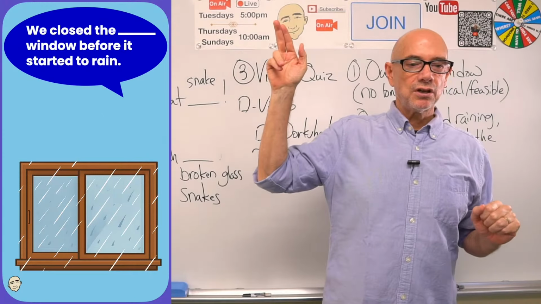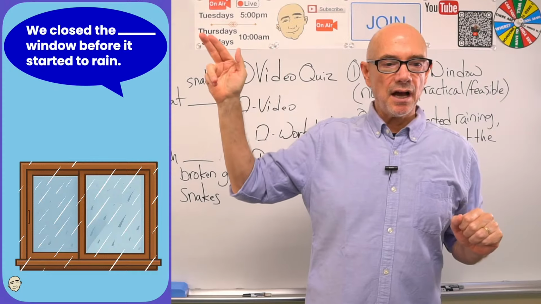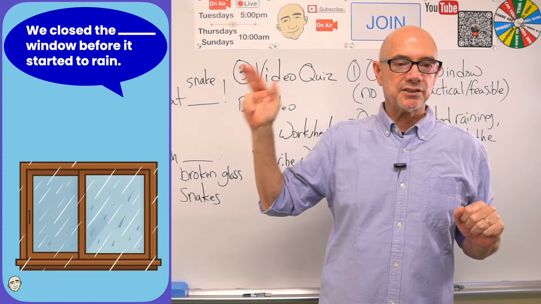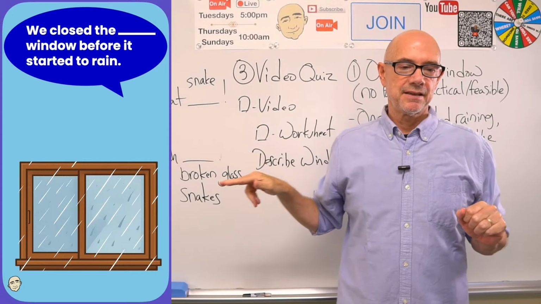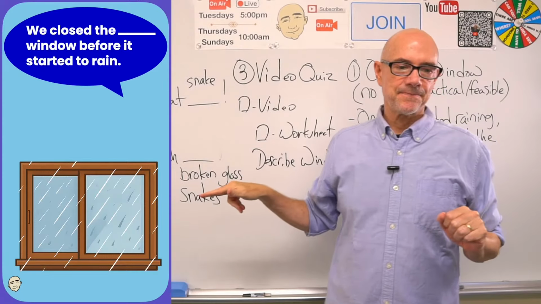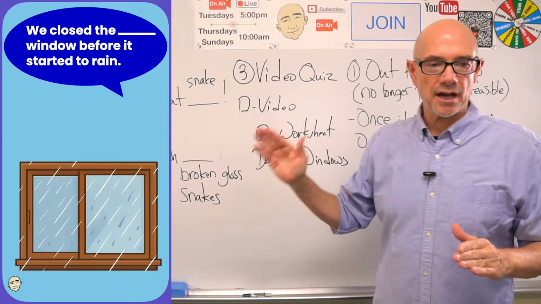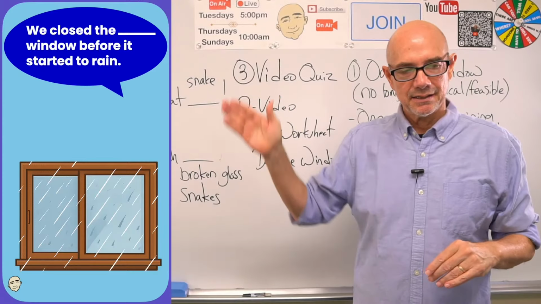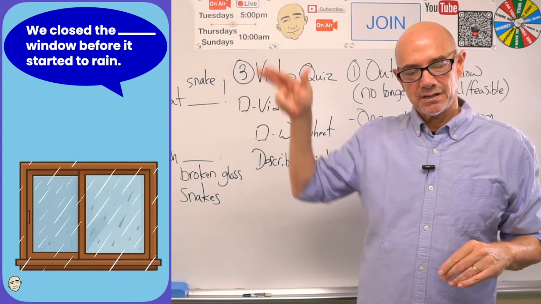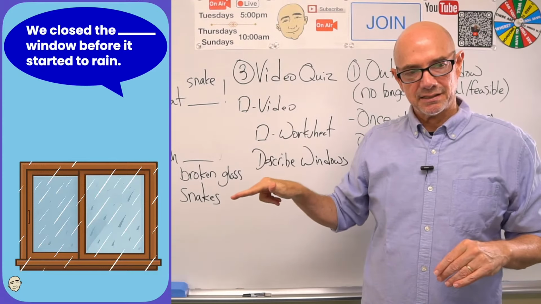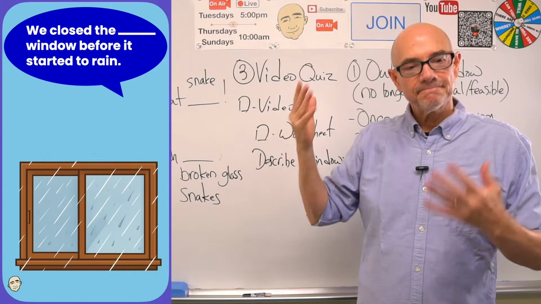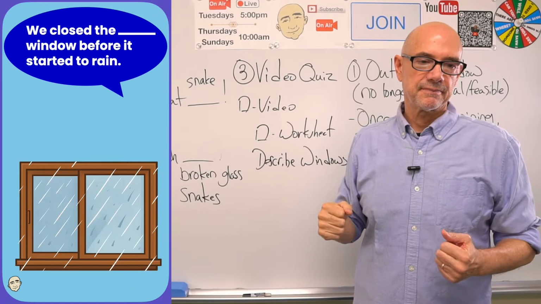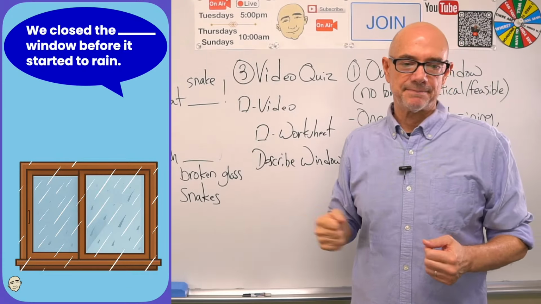Okay, we closed the window before it started to rain. So look at that window. What's that word? What kind of window is that? We closed the window before it started to rain.